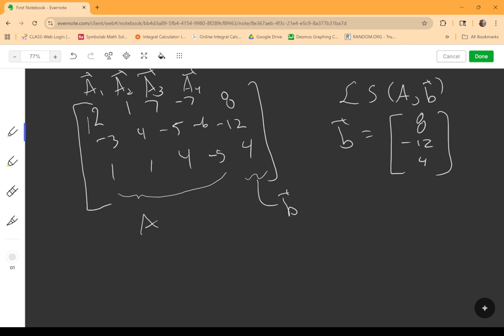A1 is this vector here, A2 is the next column, A3 is the next column, etc.